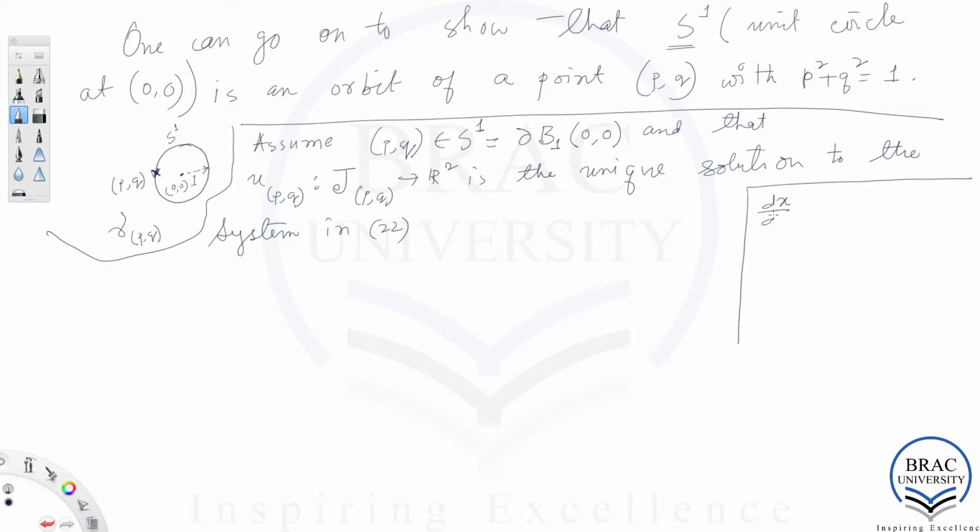dx over dt is equal to, let me write it for you so that you can keep track of everything. dx over dt is minus y plus mu x times (1 minus x square minus y square), and dy over dt is equal to x plus mu y times (1 minus x square minus y square).